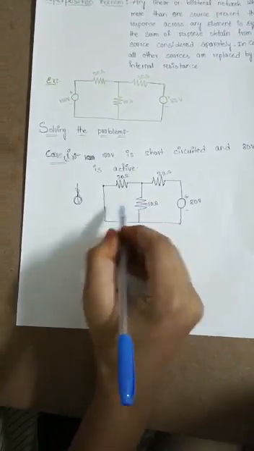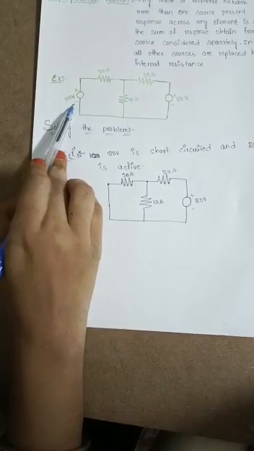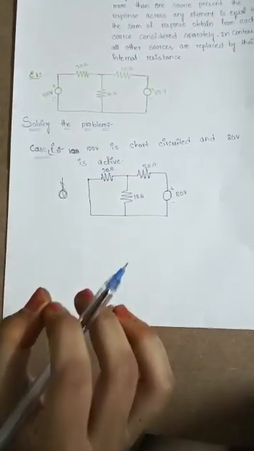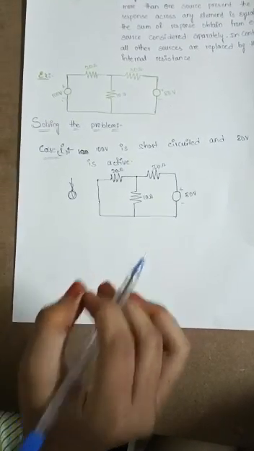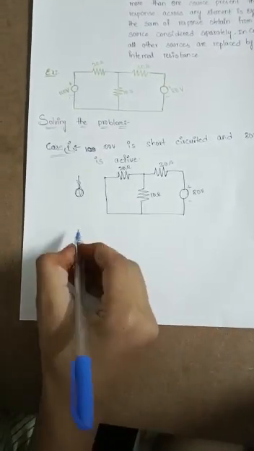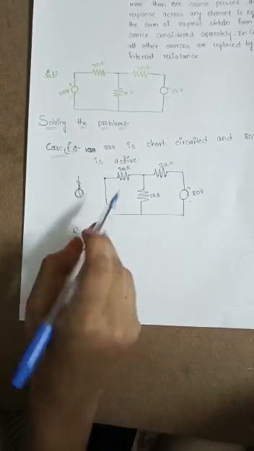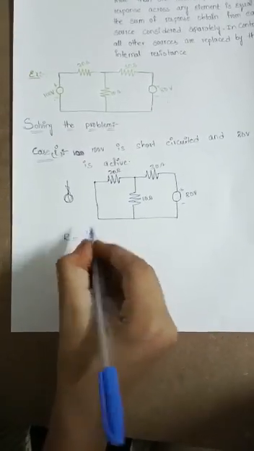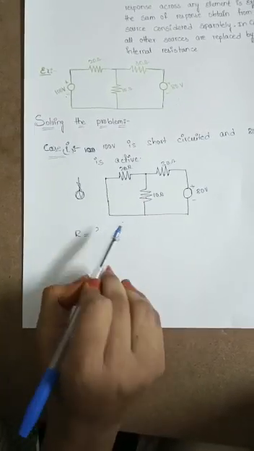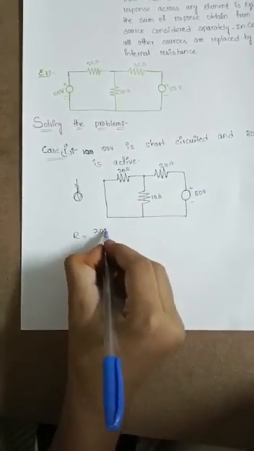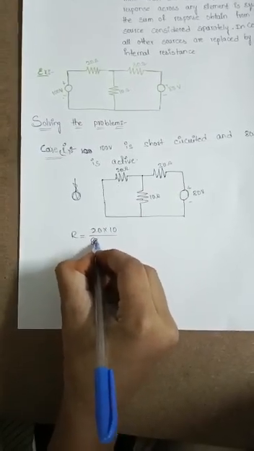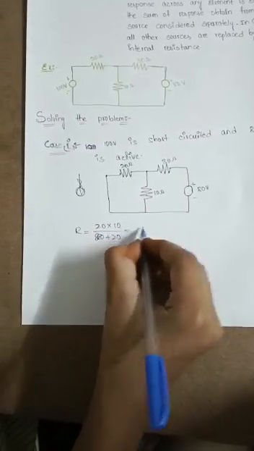Here 100 volts is short circuited and 80 volts is active. First we have to calculate the resistance. How to calculate the resistance? R equals, these two are parallel. What is the parallel formula? R1 into R2 by R1 plus R2.